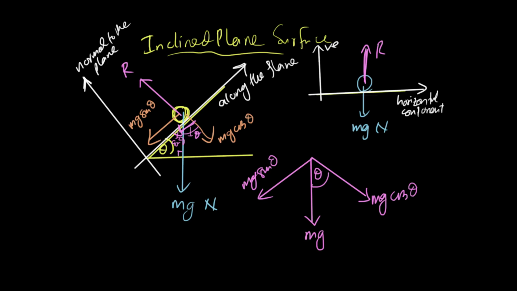Since the plane there is flat, the horizontal and vertical components don't really make any difference. But here, since the plane is inclined, we have to incline the components also.